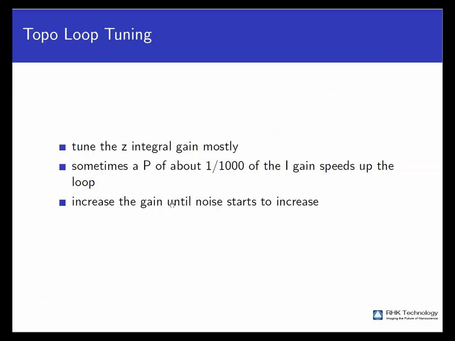If you increase further and further, you get more and more detail, and suddenly the noise will increase. You want to be at the point where you have maximum detail with minimum noise. Sometimes it's also useful to scan over atomic step edges in order to judge the performance of the Z gain.